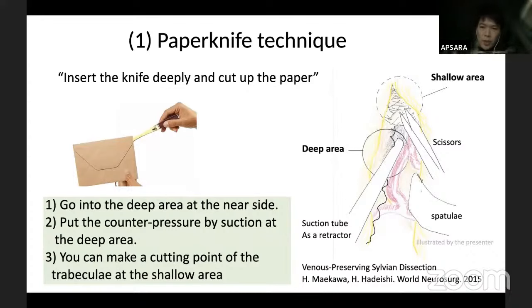Using this way, the proximal part becomes a shallow area like this. Then you can easily cut this area with scissors. I mean, the sharp dissection becomes easier. So not only the Sylvian fissure but also the interhemispheric fissure, it's very important to consider this kind of paper knife technique.